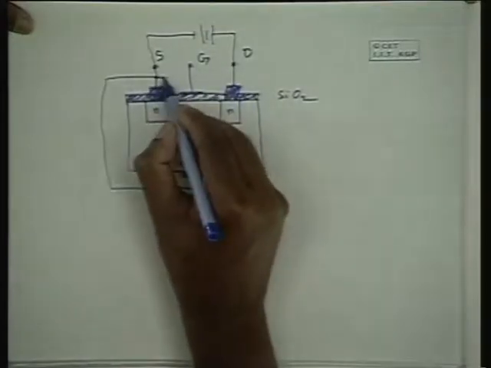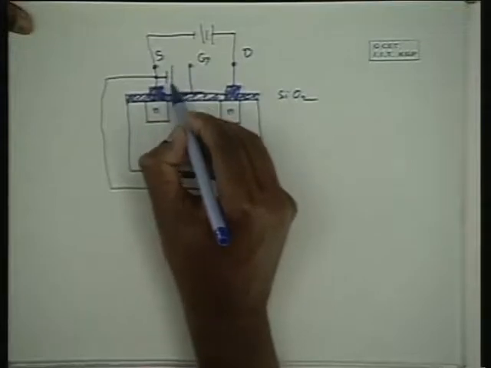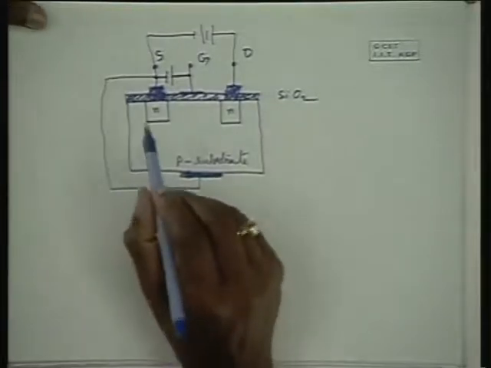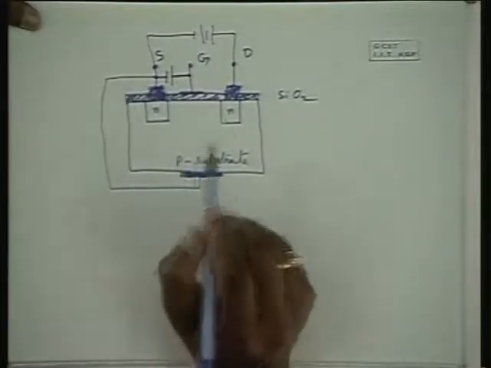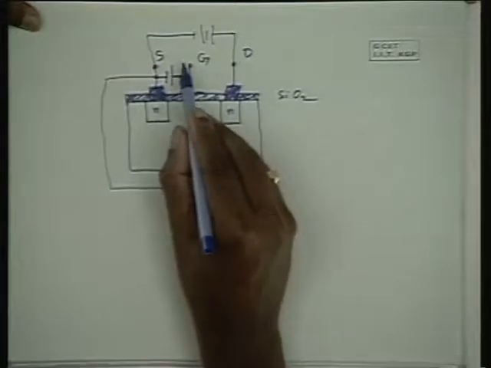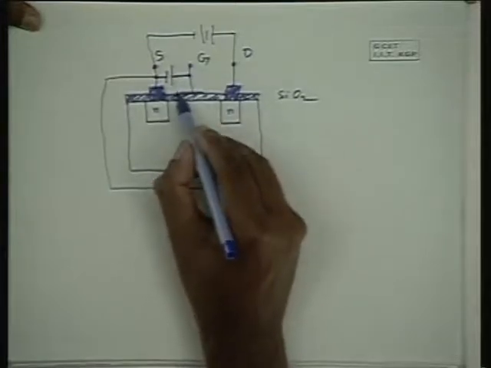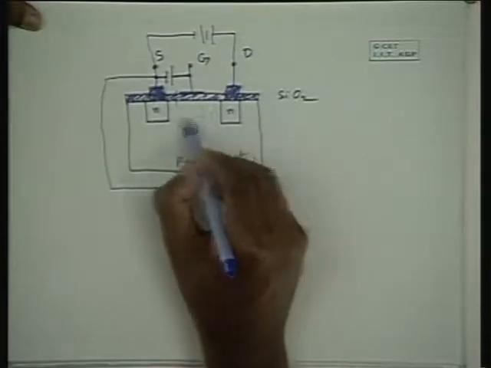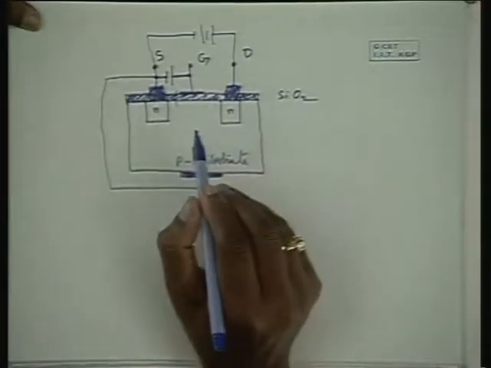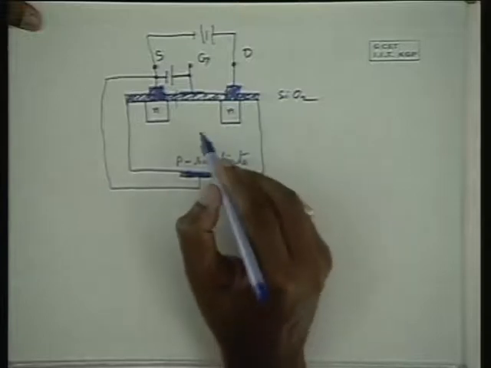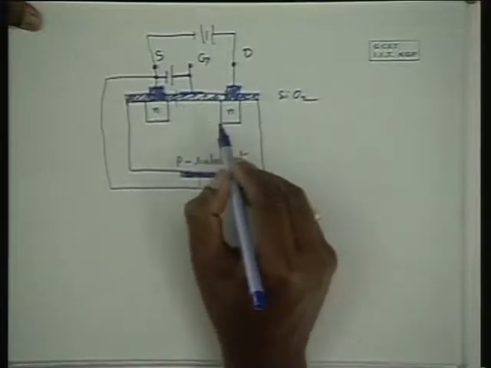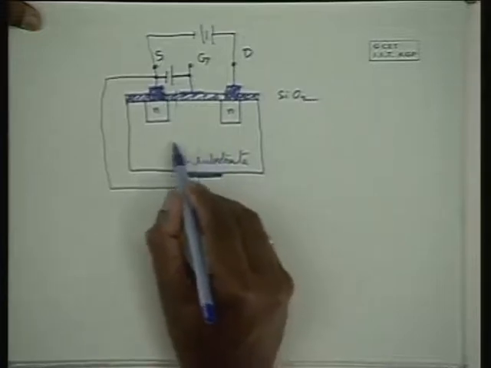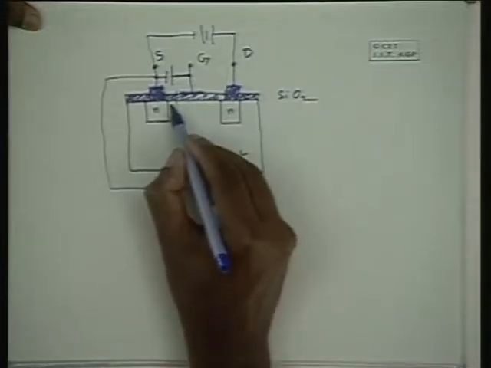Now if you apply some positive potential to the gate compared to the source, this positive potential creates a positive field in this channel region, because of which it attracts the minority carriers, the electrons present in the P-type material.